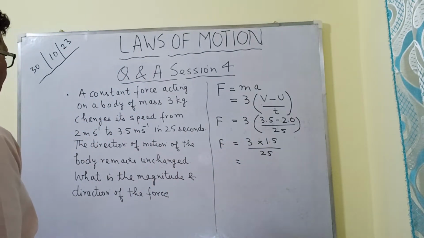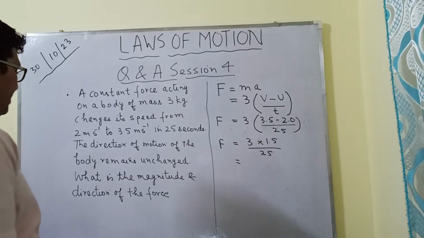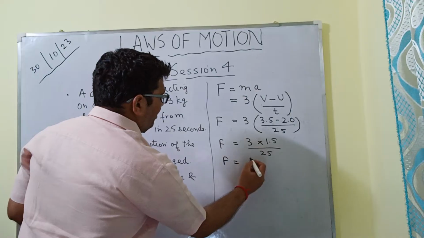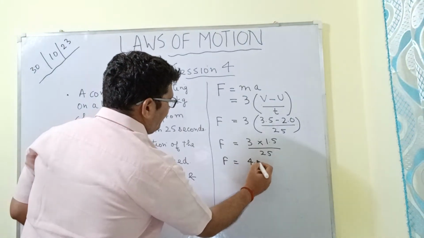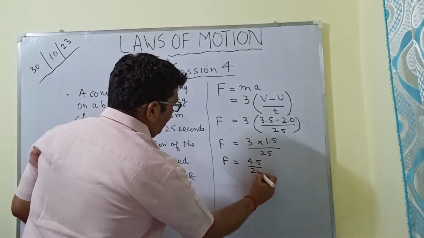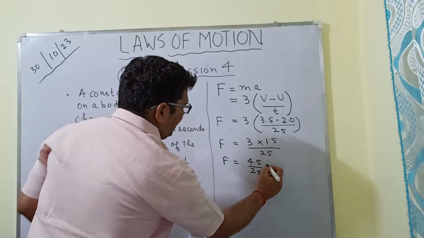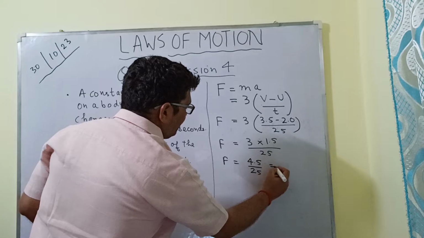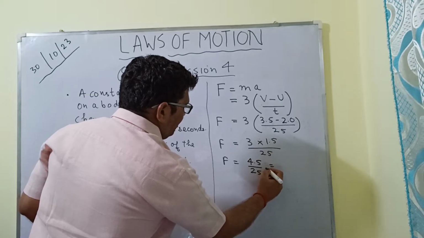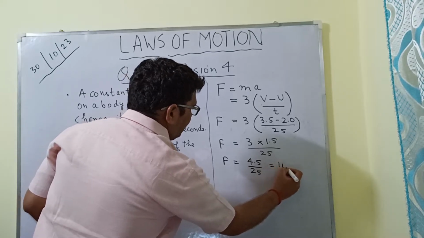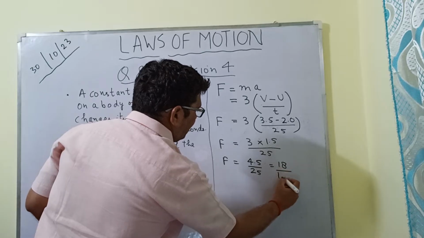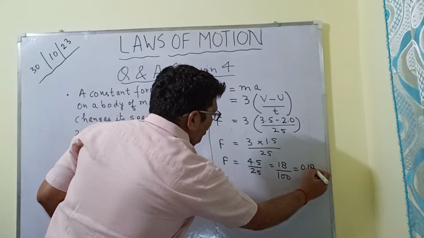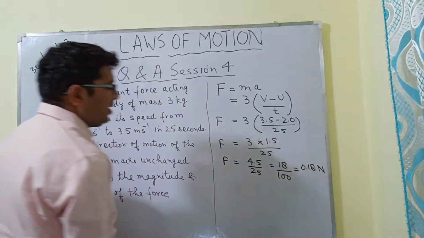So the magnitude of the force, F, will be equal to 4.5 divided by 25, which is equal to 0.18 newtons.